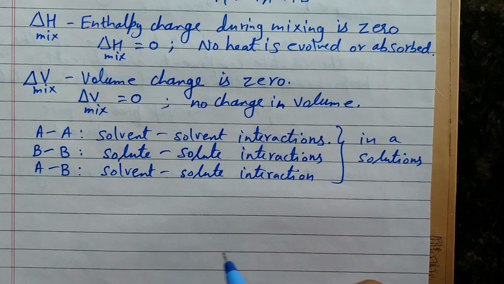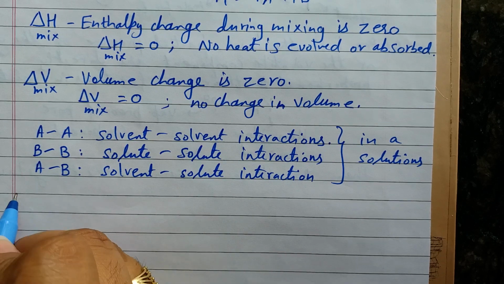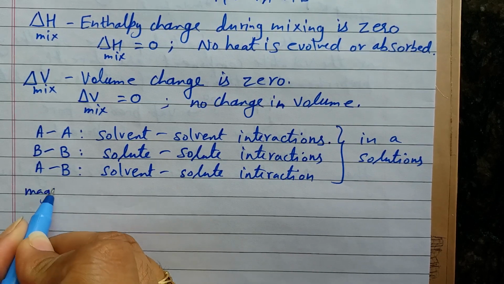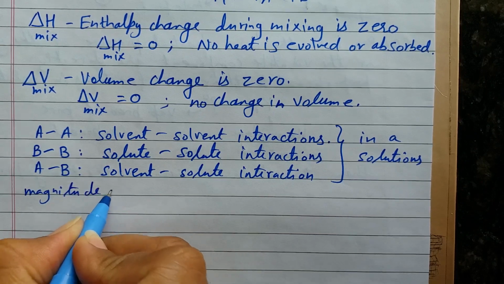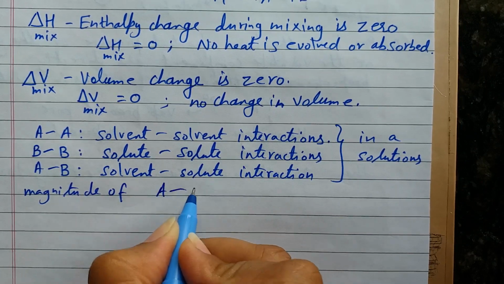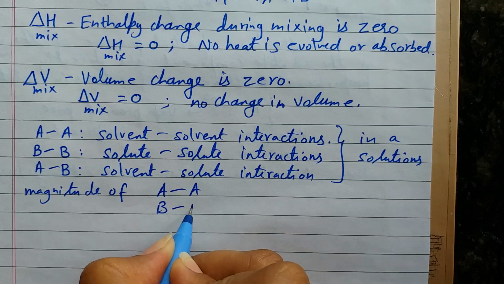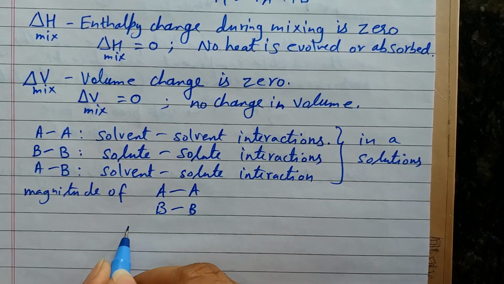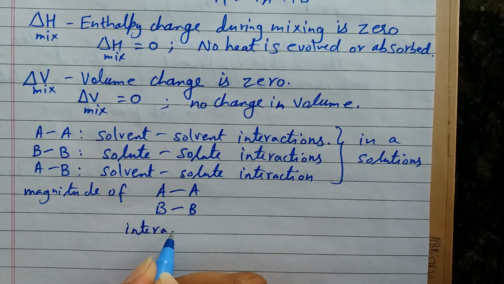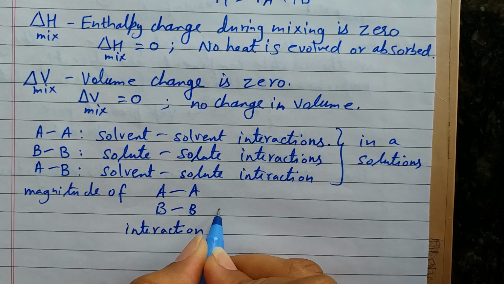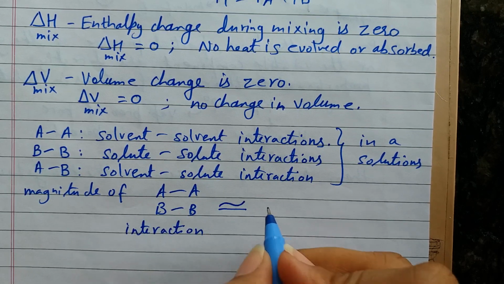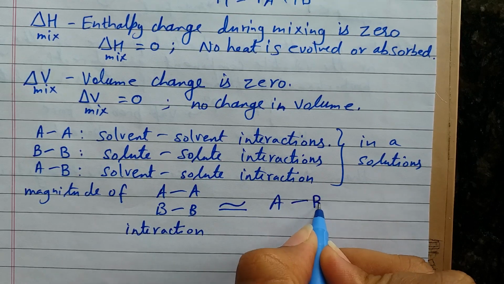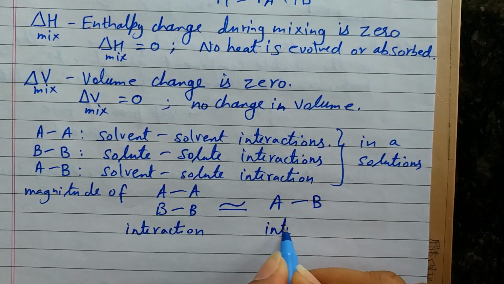Now in an ideal solution, it is observed that the magnitude of AA and BB interactions is nearly the same as that of the AB interactions.